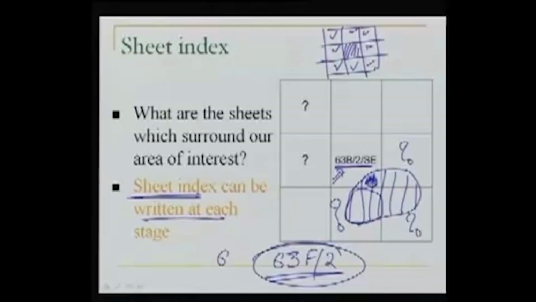And one more interesting thing here: the sheet index can be written at each stage, at any stage. What is the meaning of this statement? In the very first level of map numbering, 4 degree by 4 degree blocks, if I know IIT Kanpur is in the 63 number block, I want the sheet index there itself. I know IIT Kanpur at a scale of 1 to 250,000 is in 63B.